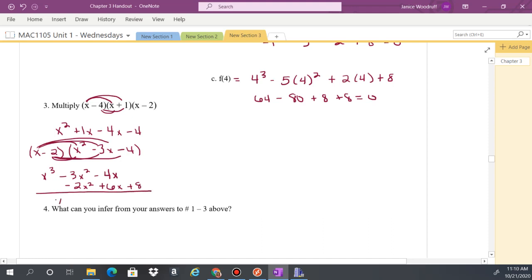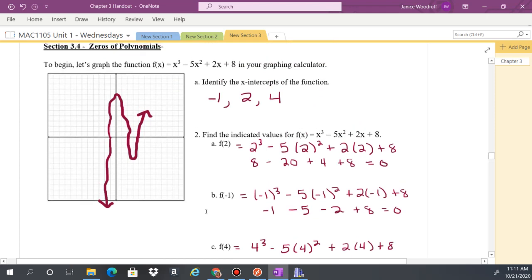Add these together, what do I get? x cubed minus 5x squared plus 2x plus 8, which happens to be the function we started with.